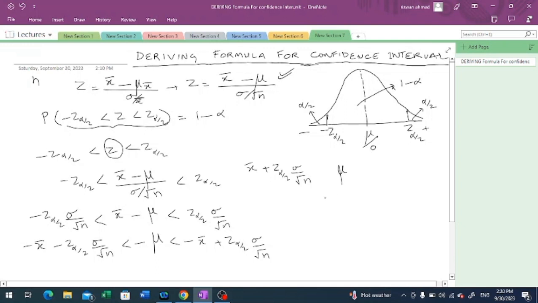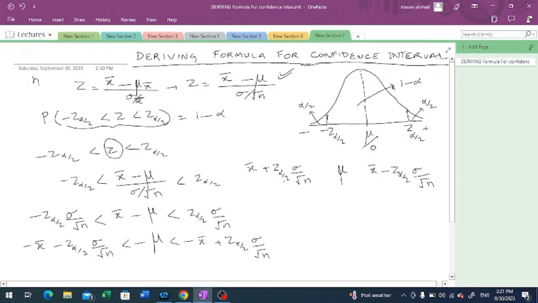Mu I am going to write down in the center, removing the negative sign attached to it, and the right hand side component will become, the first term positive and the second term negative: x bar take away z alpha by 2 times sigma divided by square root n.